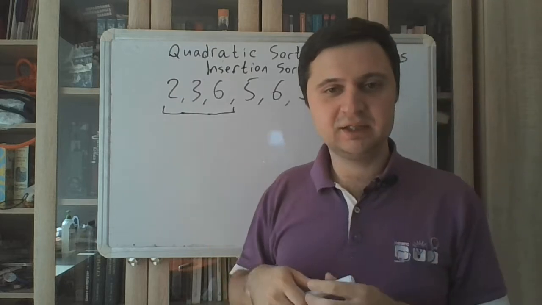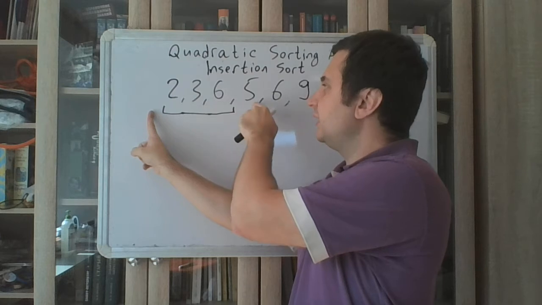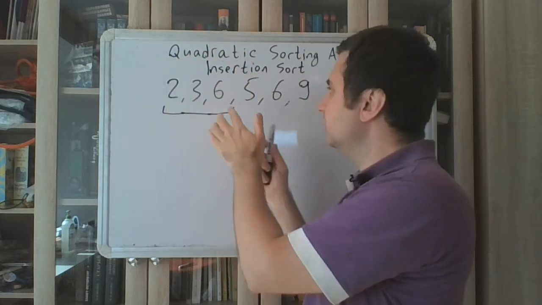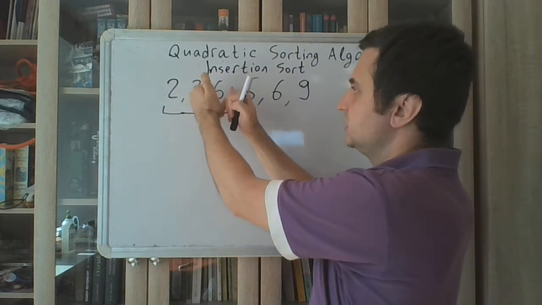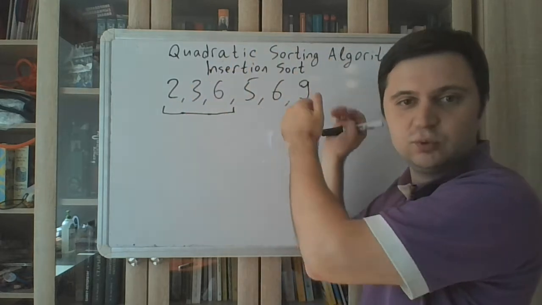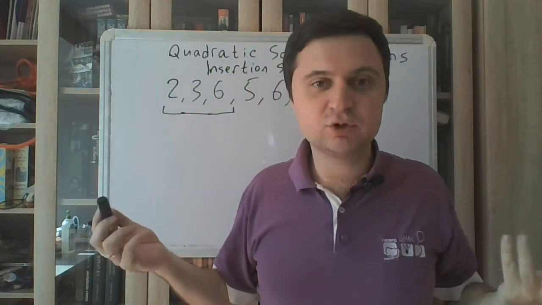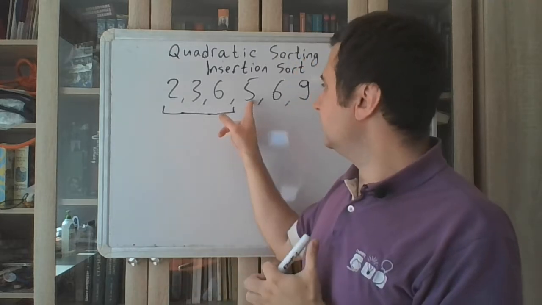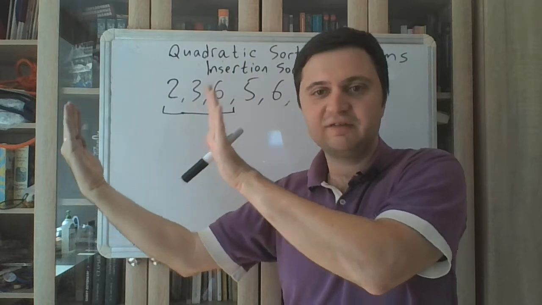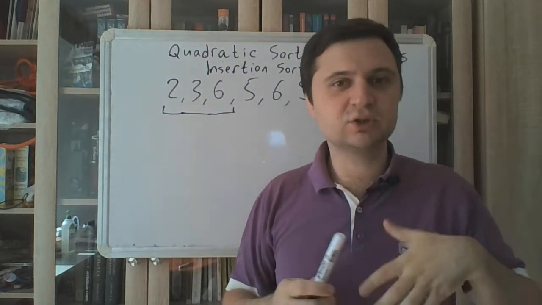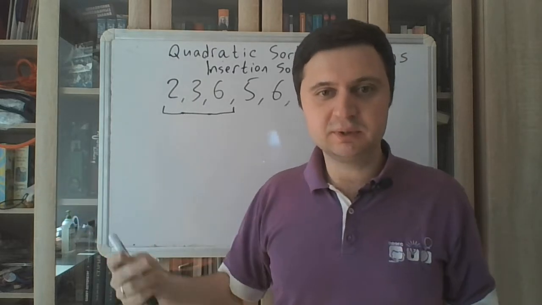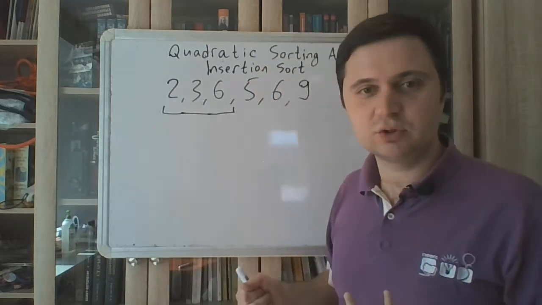And all the elements of this prefix that are larger than 5 must move 1 position right. So all the elements to the right of the 5's desired position definitely have to move right. We will have to do that many operations. If there are many elements that are larger than 5, we have to move all of them 1 position right. Unfortunately, there is no free operation in the memory of the computer to do it, so it will be slow, but we will have to do it.